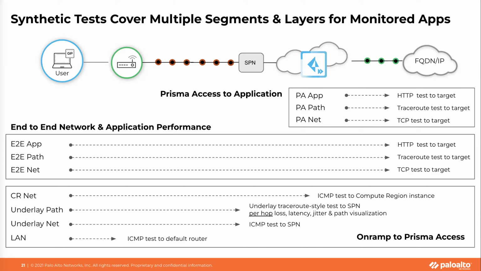ADEM also enables GP apps and the cloud ADEM agents within Prisma Access to use this synthetic test to baseline end-to-end network quality metrics like latency, jitter, and packet loss for each segment from the end user to monitored applications.